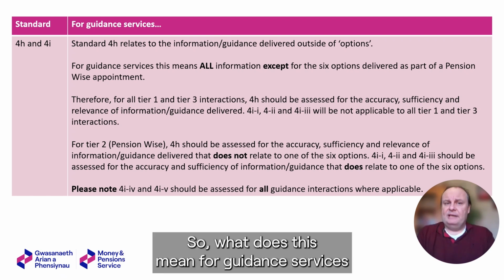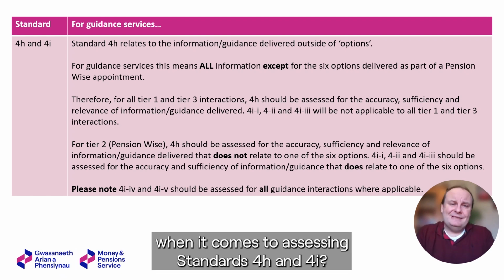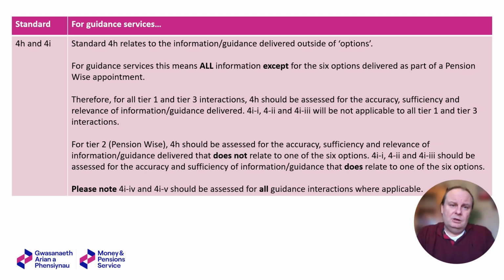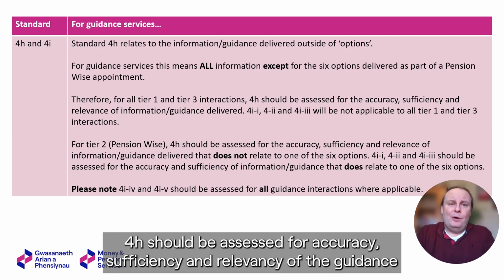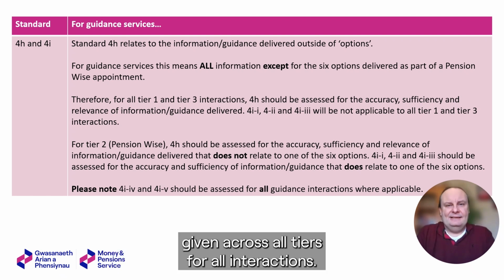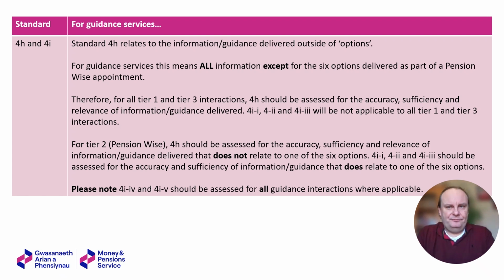So, what does this mean for guidance services when it comes to assessing standards 4H and 4I? 4H should be assessed for accuracy, sufficiency and relevancy of the guidance given across all tiers for all interactions.